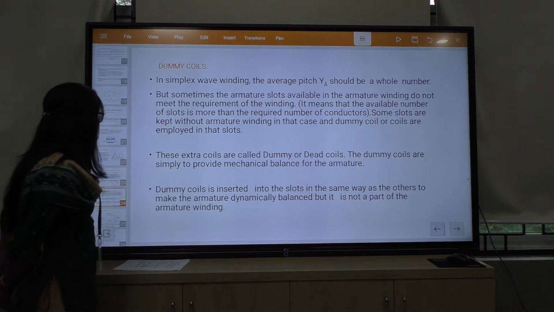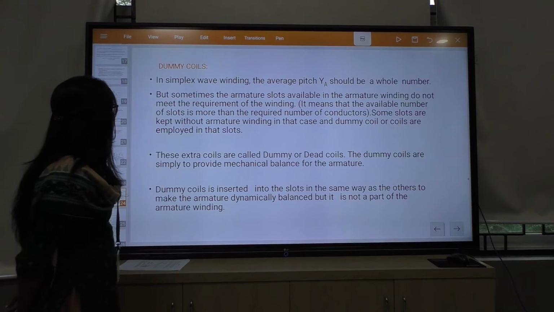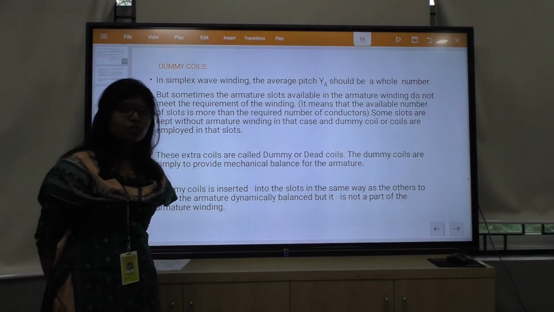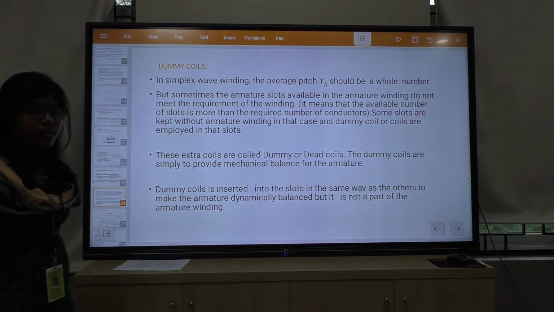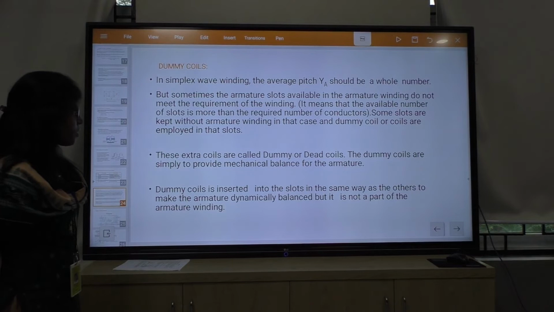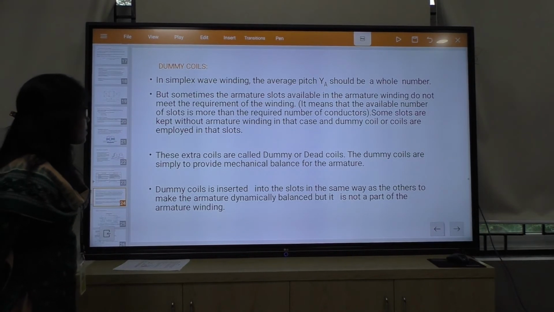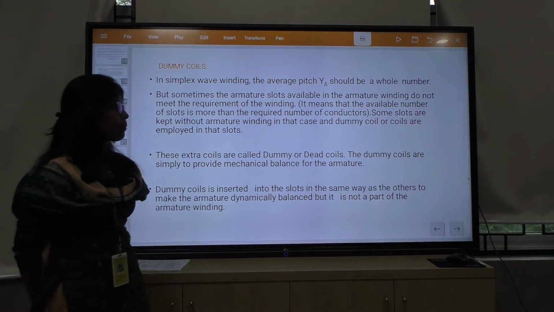Next, the dummy coils. Dummy coils are used in simplex wave windings. Sometimes the armature slots available in the armature do not match the requirements, that means the number of slots is more than the number of conductors.